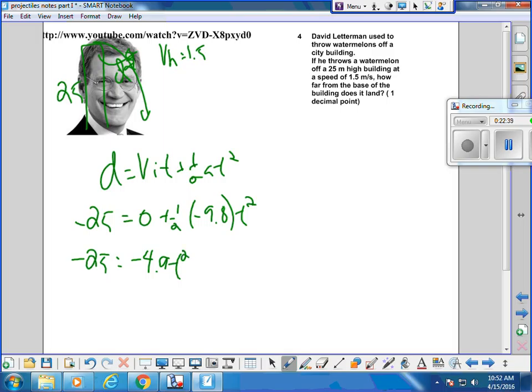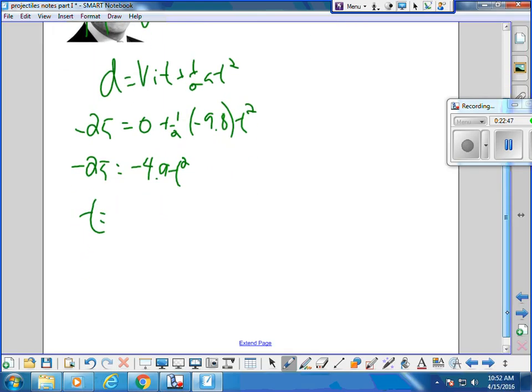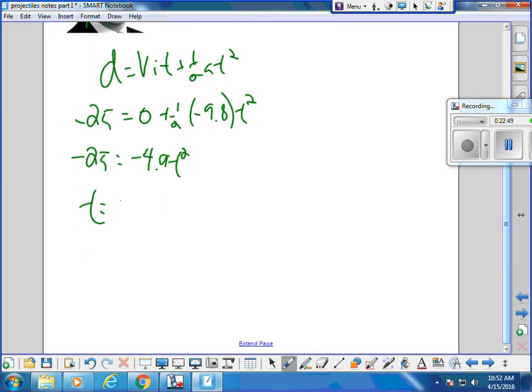Minus 25 is equal to minus 4.9 t squared. So t is going to be equal to the square root of minus 25 over minus 4.9.